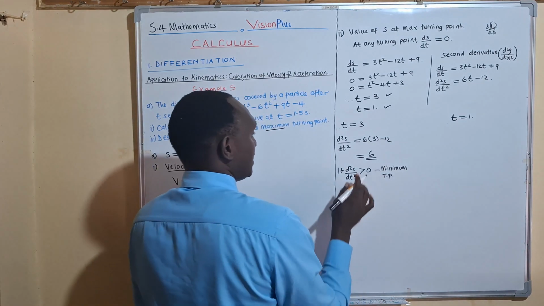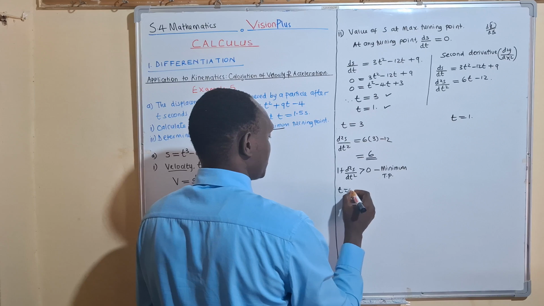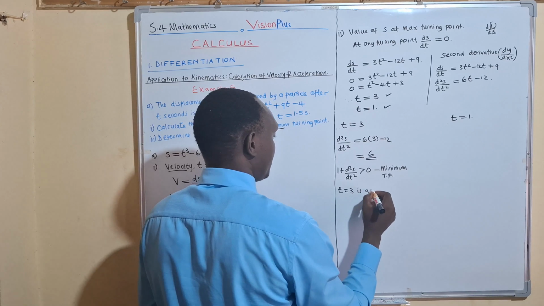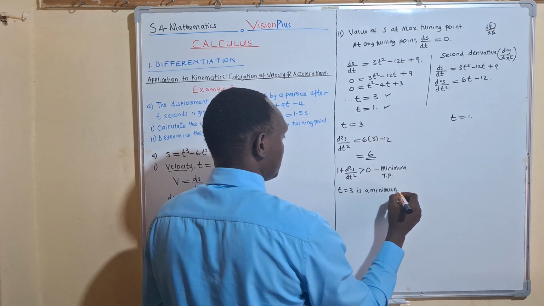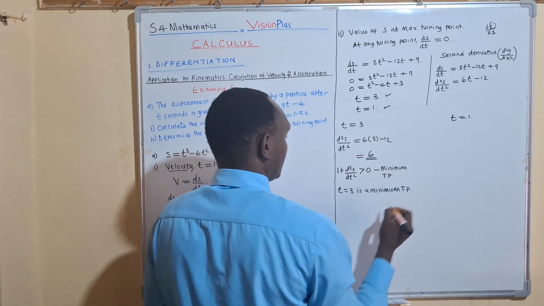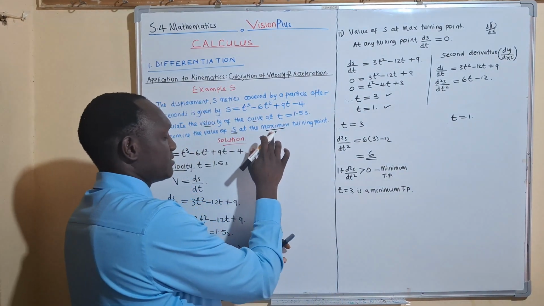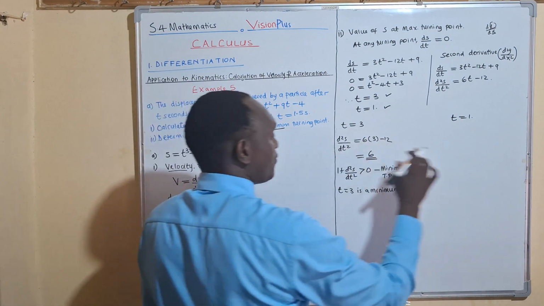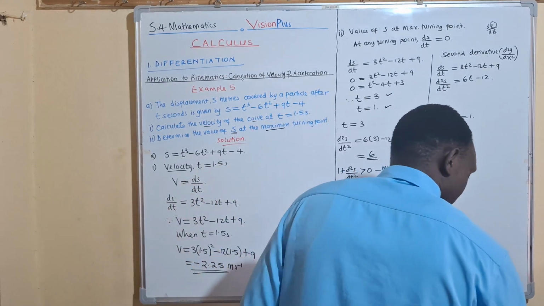That means when t is 3, this is the minimum turning point. So we shall not use this. Why? Our question talks about the maximum turning point. That means by default, here we must get a maximum turning point.